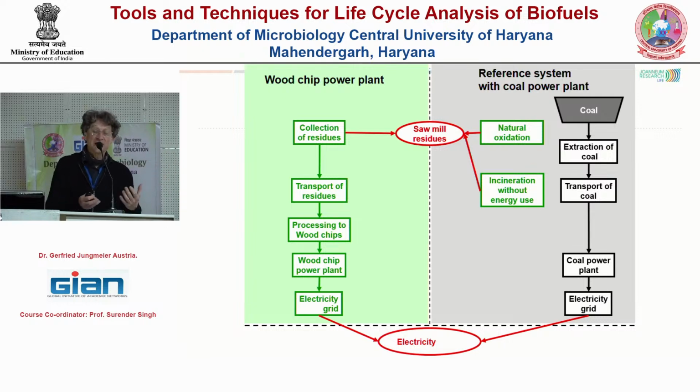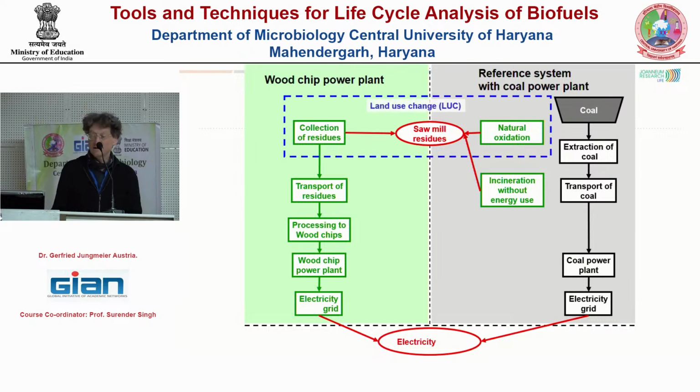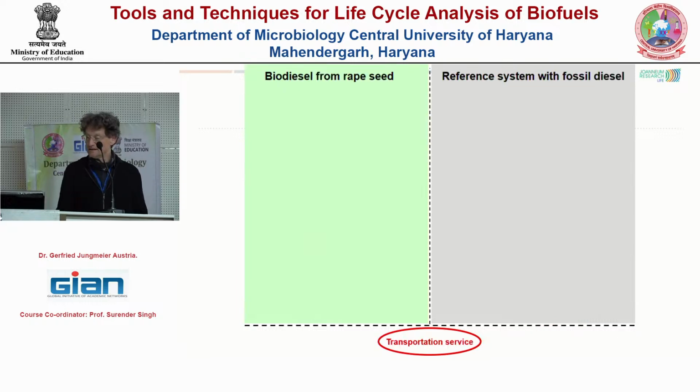You also change the carbon storage in the forest because you take out the wood, which otherwise would have lain down on the ground and disappeared slowly and released CO2 slowly. If you take it out, you also change the carbon stored in the forest. Therefore, this reference use is also relevant considering the carbon storage. But this is at least the picture of how it looks if you make electricity.